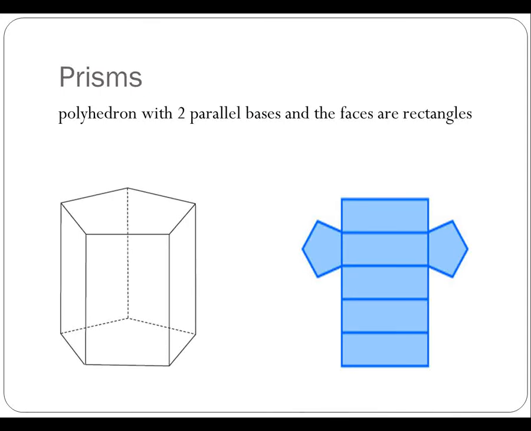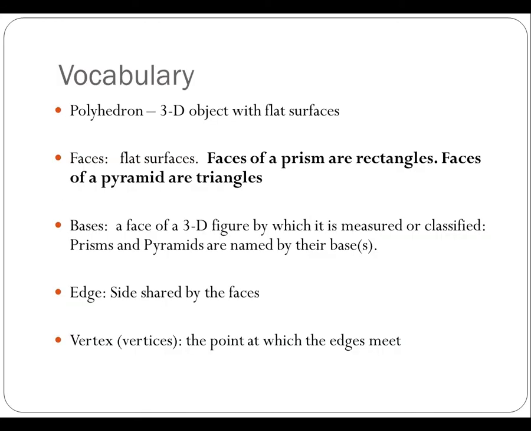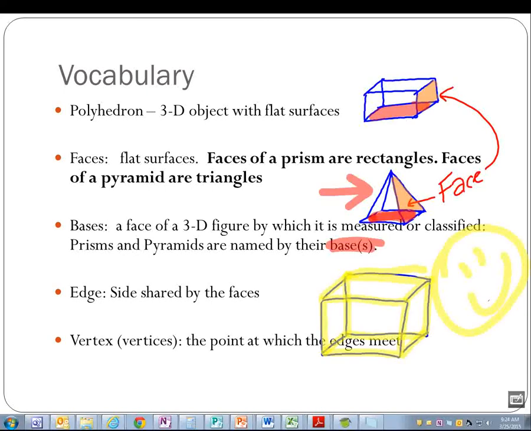Do we not get vertexes? Oh, vertexes. Sorry. Yeah, vertices. Vertices are the point at which these edges meet. That's correct English. The point at which these edges meet, rather than saying the point where the edges meet at.